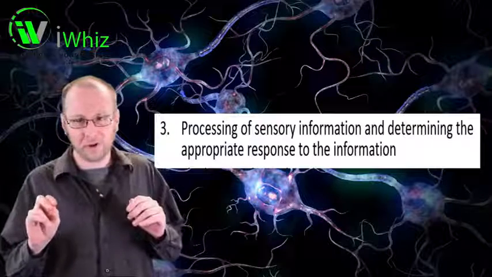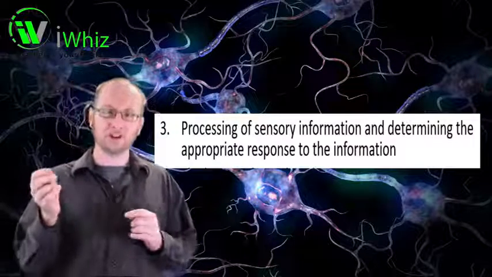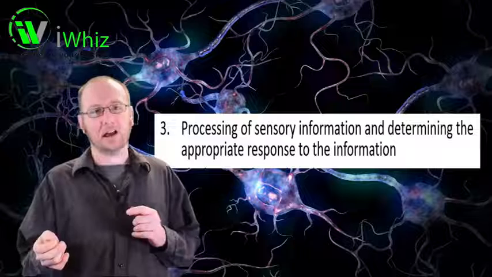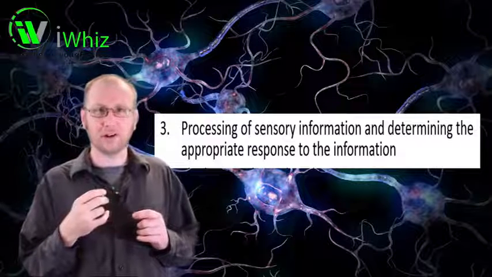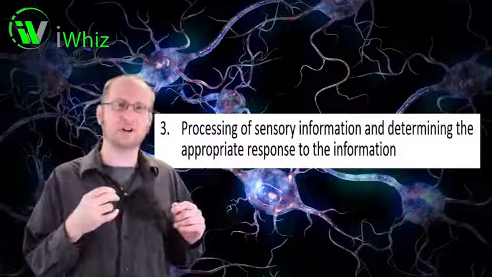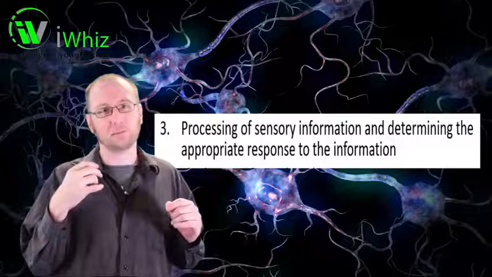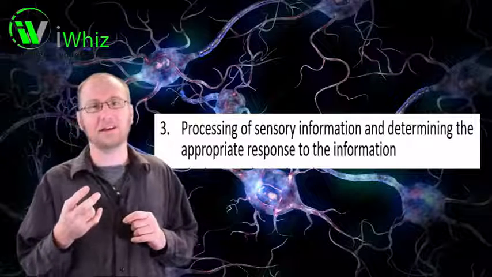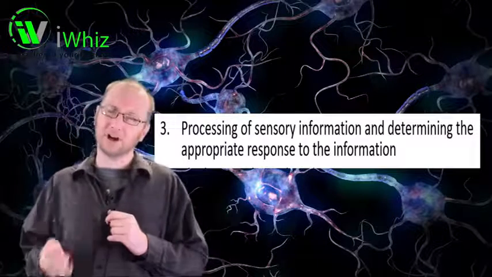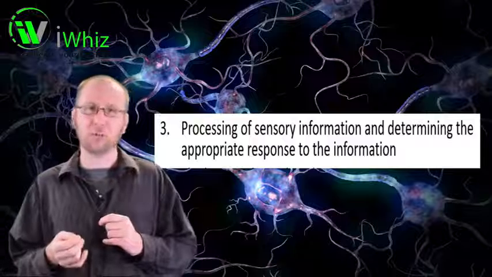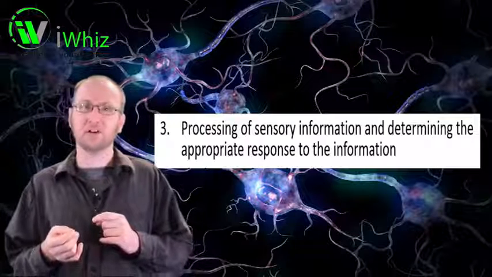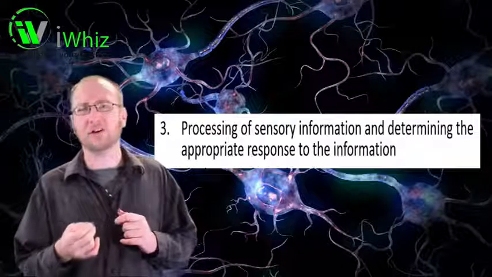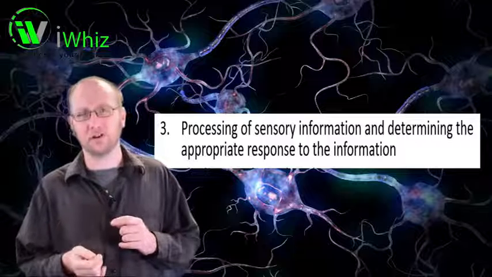So you can say for this one, the integrating function of the nervous system is when information from the afferent neurons is received and processed in the brain and spinal cord before being sent to the effectors along the efferent neurons.